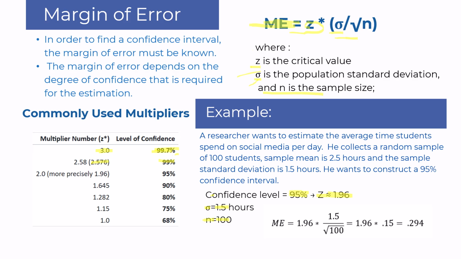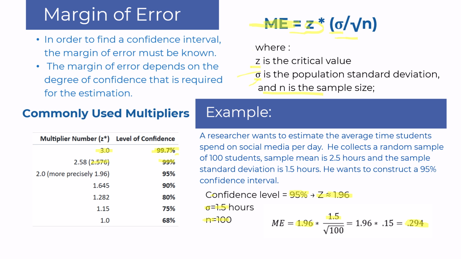So we have here the Z or the critical value, 1.96 multiplied by 1.5 over the square root of 100. So if we have that, we actually have 0.294 as the margin of error.